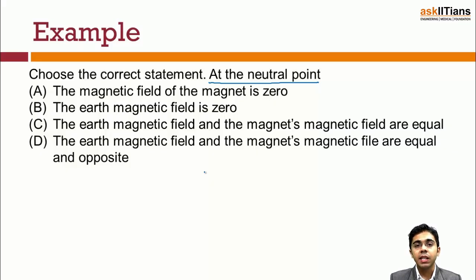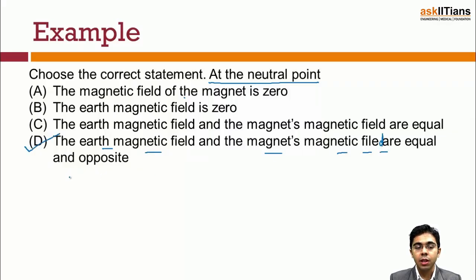If we check the options: the magnetic field of the magnet is 0, no. The earth's magnetic field is 0 at that point, no. The earth's magnetic field and the magnet's magnetic field are equal, no. If we look at the fourth option, the earth's magnetic field and the magnet's magnetic field are equal and opposite.